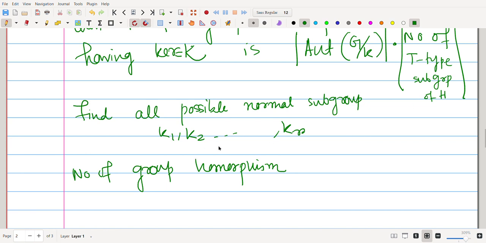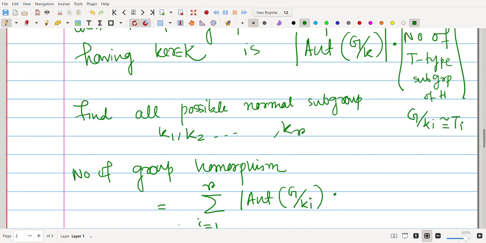Similarly for K2 it is true, similarly for K3, similarly for Kr. So the number of group homomorphisms will be the summation over i equal to 1 to r of the order of Aut of G mod Ki times, if G mod Ki is isomorphic to Ti, the number of Ti type subgroups in H.